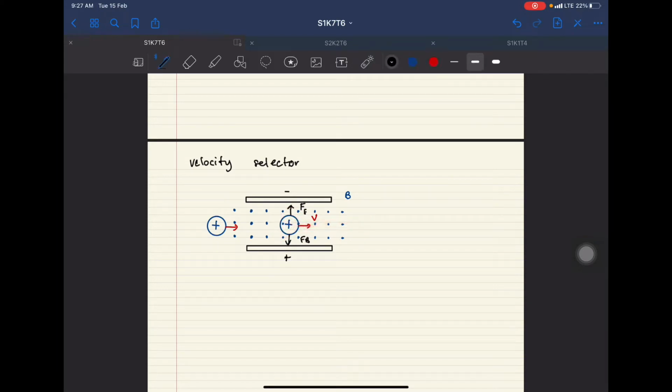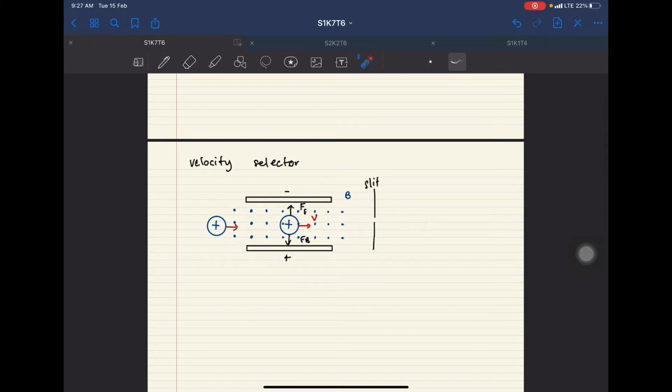Normally over here, they will put a small slit. So if you have a little bit of deflection, let's say FE and FB are not balanced, then the charge starts to move in that direction. As a result, it will hit the slit and it doesn't come out.